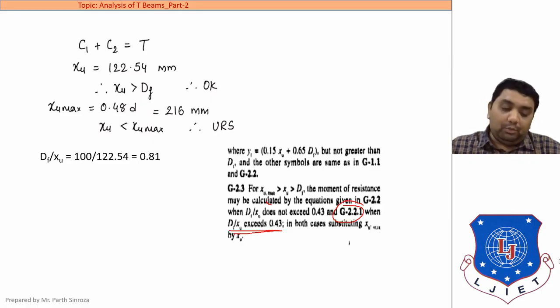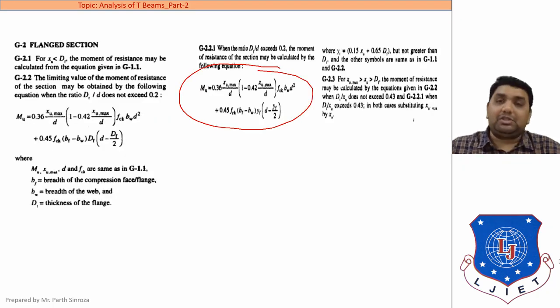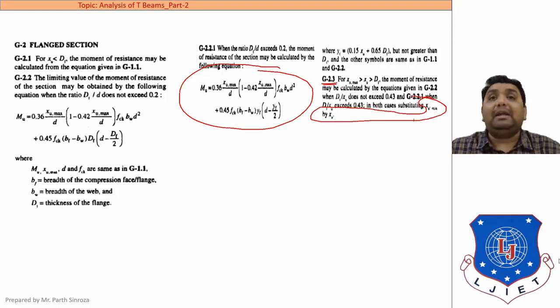Clear? So moving on to equation 2.2.1, we will be using this equation. Again, keep in mind, for this we always need to substitute XU max by XU.